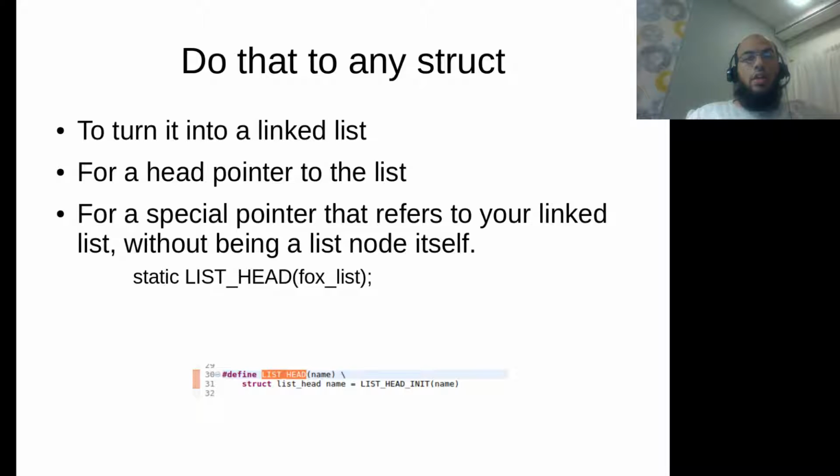You would typically do this to initialize the list head, and then the majority of the linked list routines will accept your initialized linked list name as the head node, and based on that will do stuff.